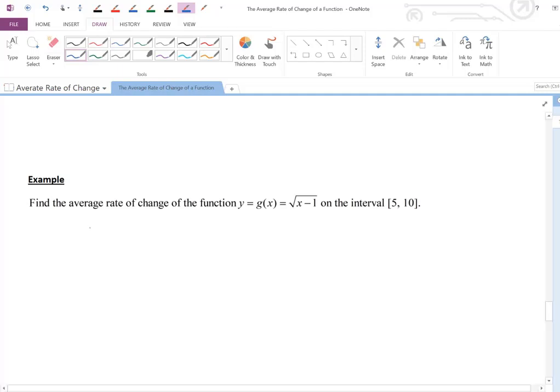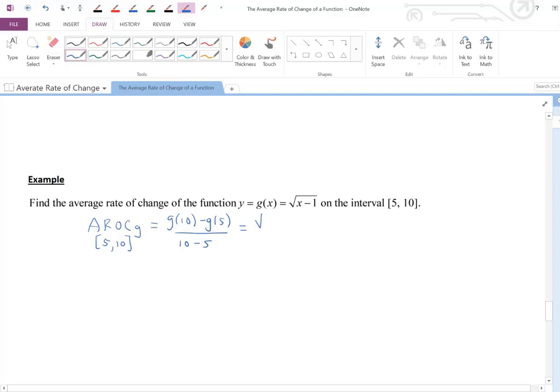First of all, the notation: the average rate of change of the function g over the interval 5 to 10 is going to be, just like we saw above, g of 10 minus g of 5, the change in the output direction, over the change in the input direction, 10 minus 5.